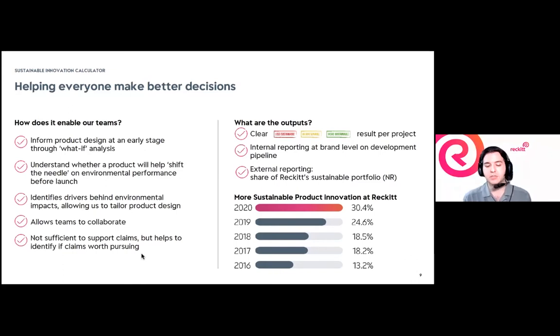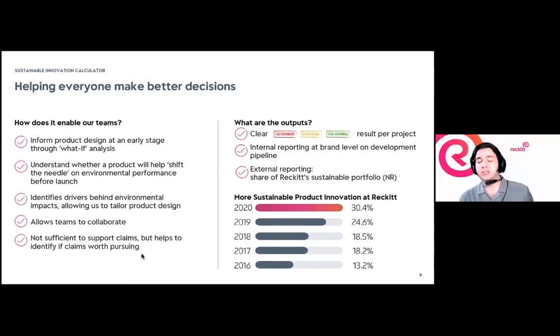But it is also a tool that is available across the whole organization, across all of the R&D teams, and it is very transparent within the organization. So it does allow teams to collaborate and take ideas from one innovation to their own.